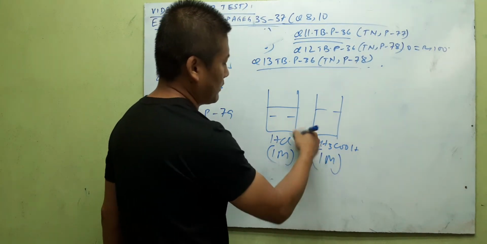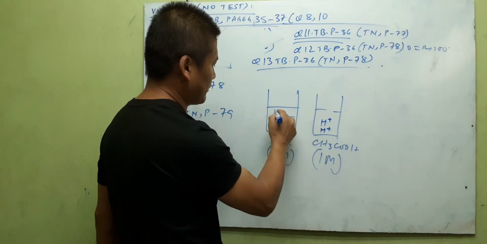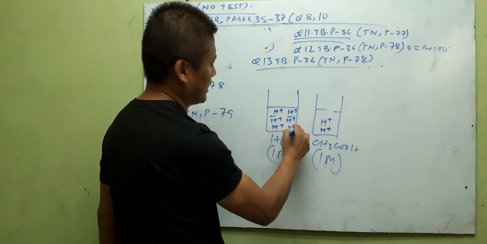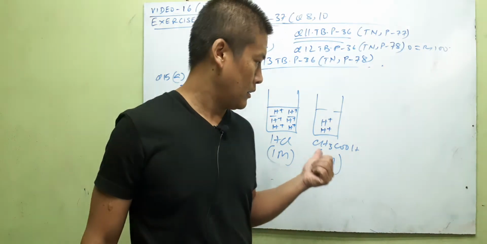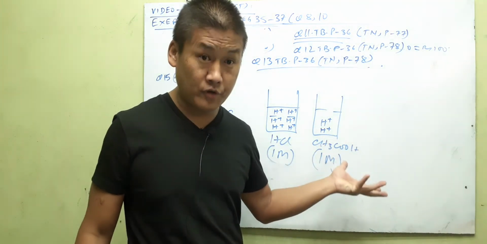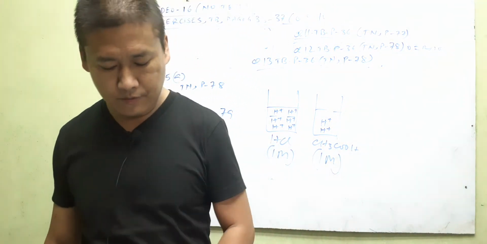HCl is CH3COOH here, but this releases less hydrogen ion and this releases much more. That's why HCl is the strong acid and this is the weaker acid. Question 56, check, it will become very clear.